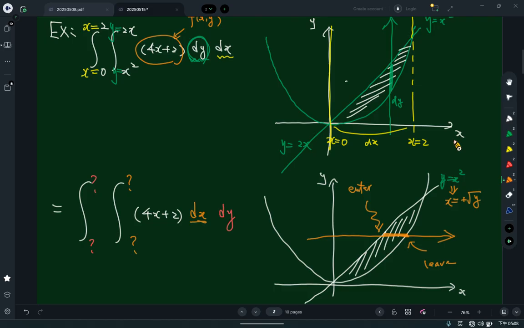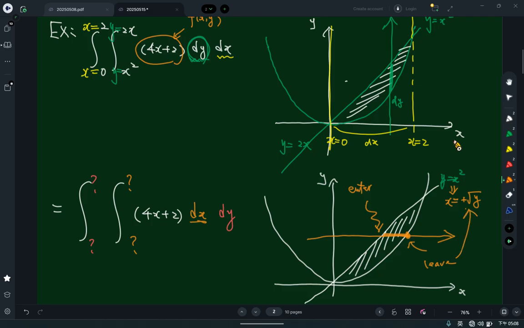So this is the entering point here. Then leaving at, originally, this should be the leaving point. Leaving point is here.